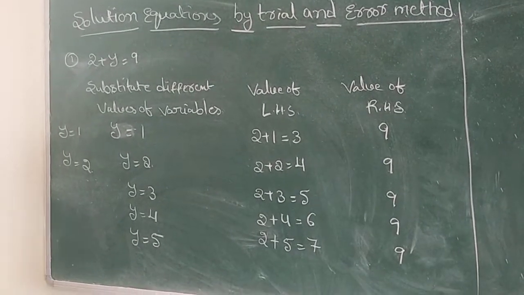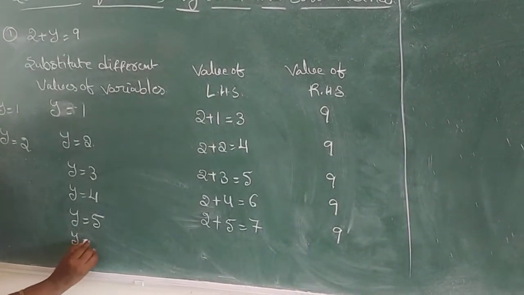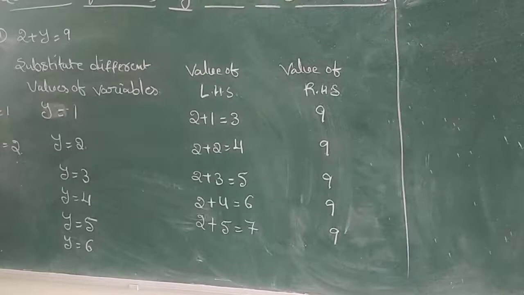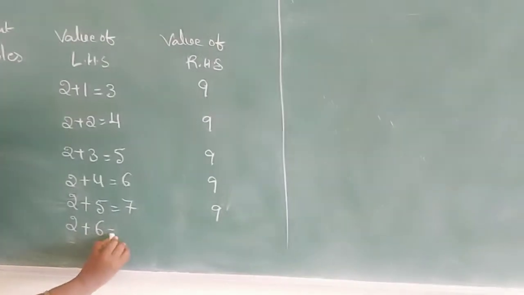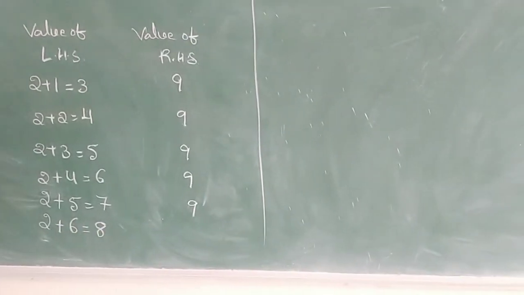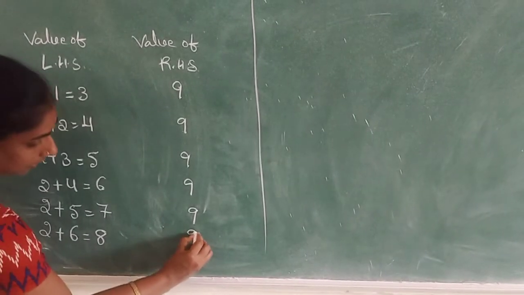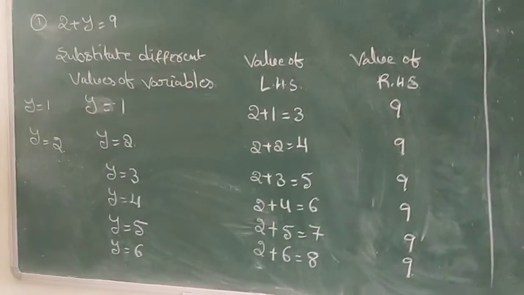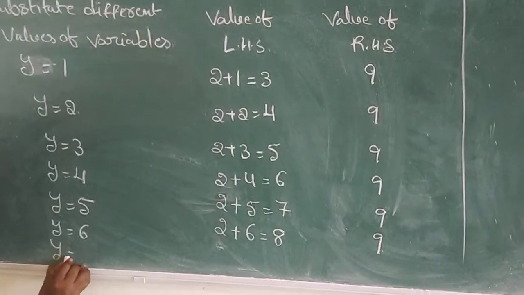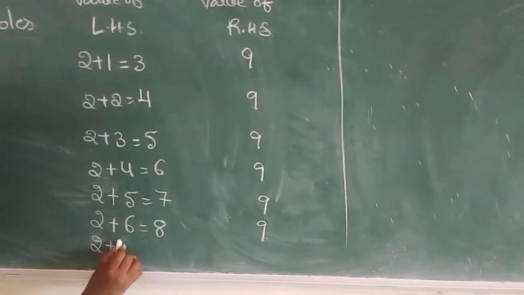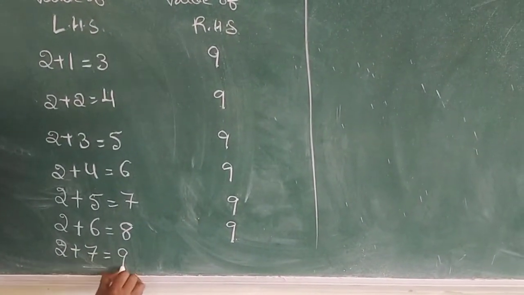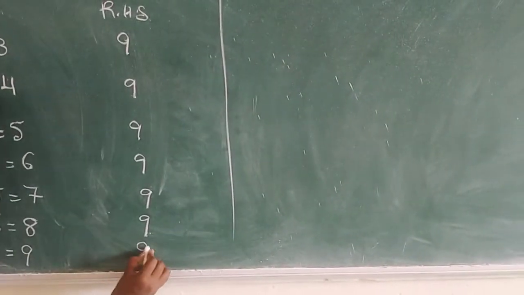Continue this process. Y is equal to 6, 2 plus 6, that is 8, RHS 9. Y is equal to 7, 2 plus 7 is equal to 9, RHS is 9.